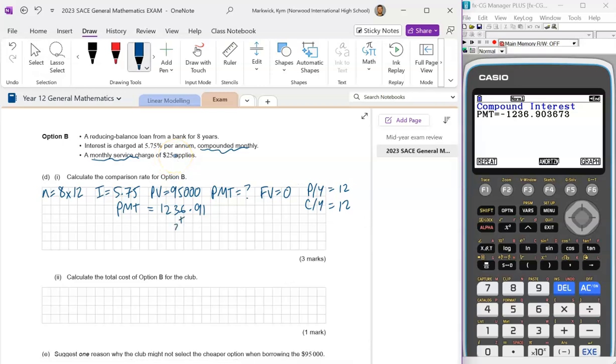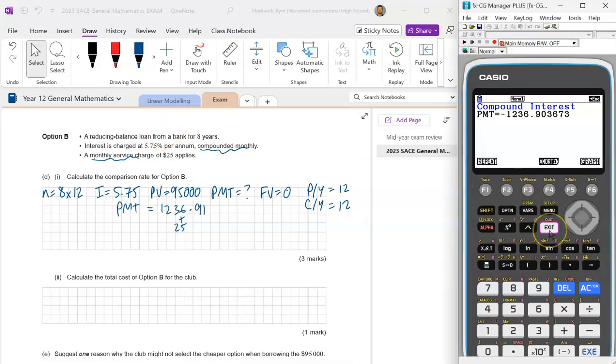So we're going to add $25 to that monthly payment. So we're going to go back here now and basically increase this amount by $25, essentially. Okay, so $1,236.91 plus $25 is $1,261.91.